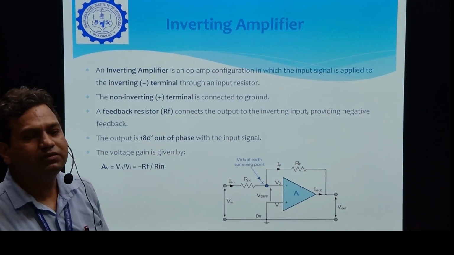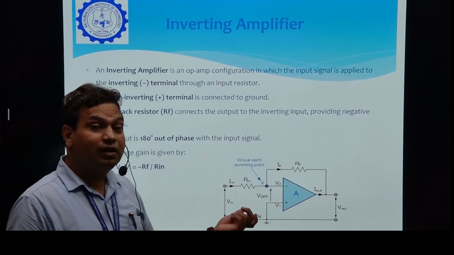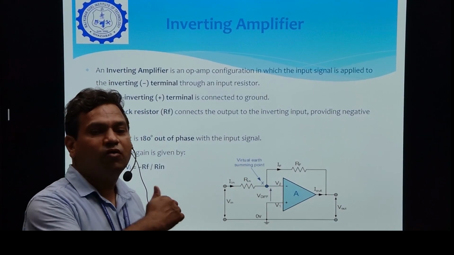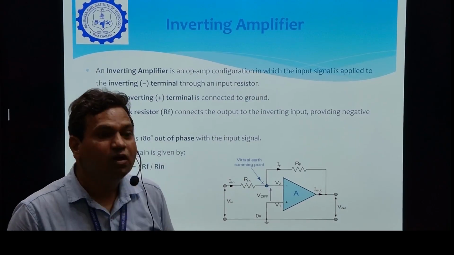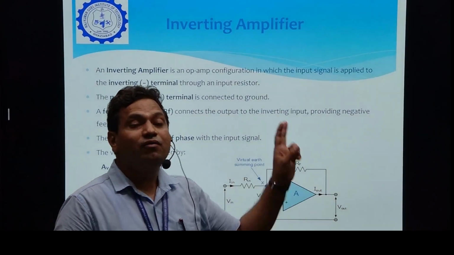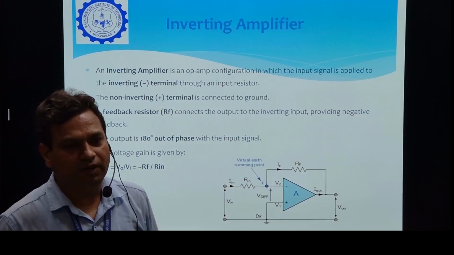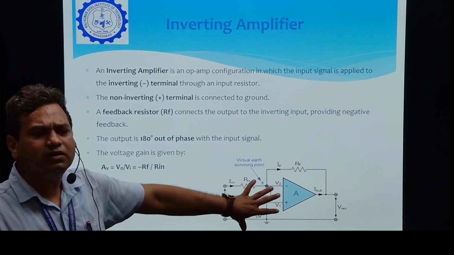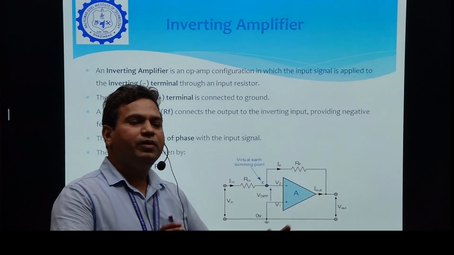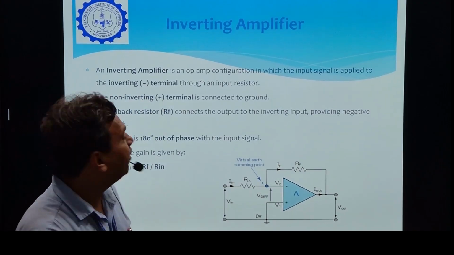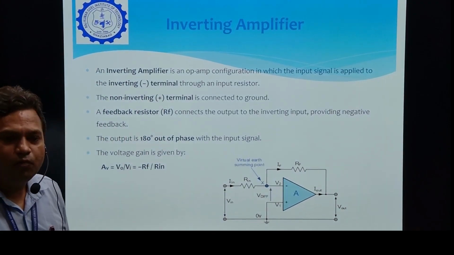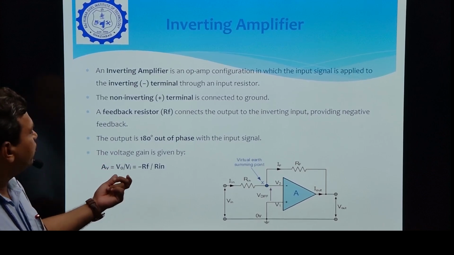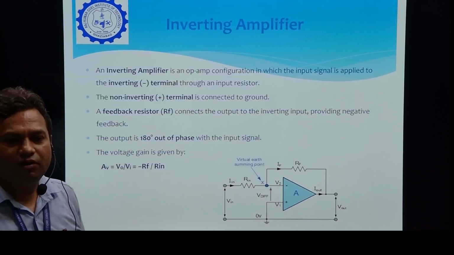As the name suggests, if we apply the input signal at the inverting terminal of the operational amplifier and the non-inverting terminal is connected to ground, then the configuration is known as the inverting closed loop operational amplifier. In such circuit configurations, the output signal will be 180 degrees out of phase with the applied input signal, and the output is given by the equation V naught equals minus RF upon R1 into V in.